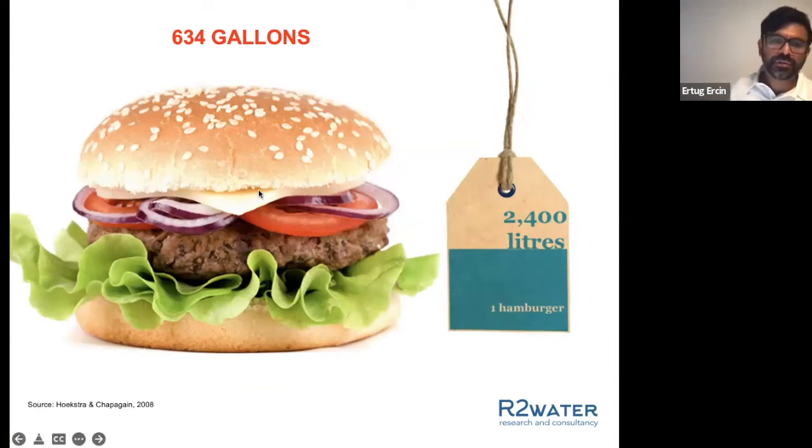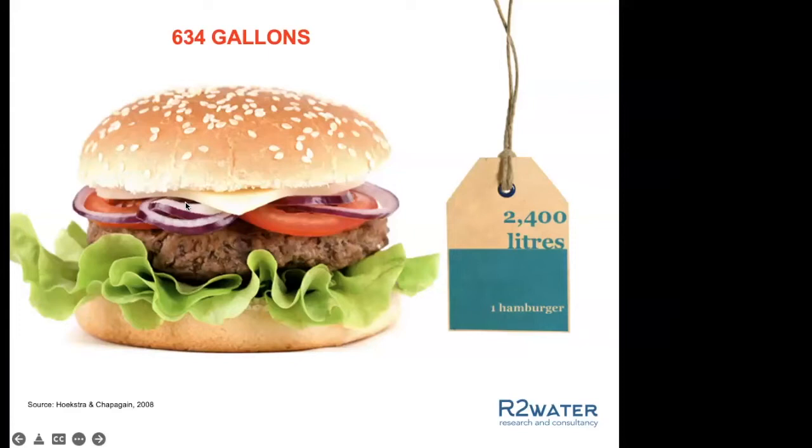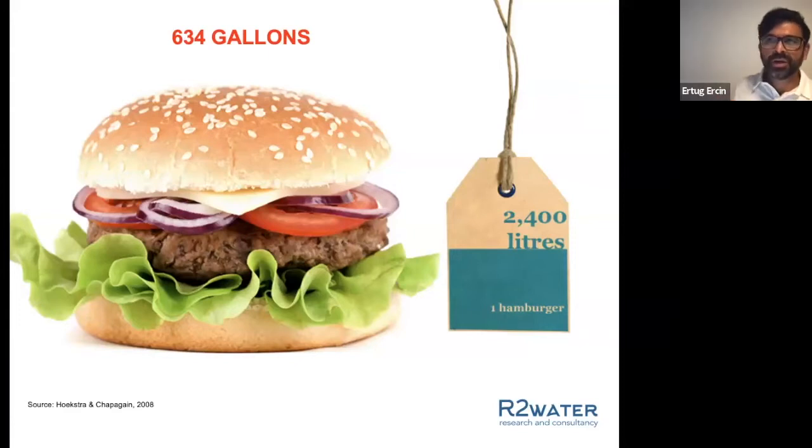Think about the supply chain: the burger, the bread, the wheat, the meat, the feed for the animal the meat is coming from, the onions, the field, the farm, and then processing factories, cooking, selling it, let's say in a McDonald's. Everything is included through the supply chain. It needs approximately 600 gallons. Why? Mostly because of the feed production. Of course, today the big meat and dairy industry has a high carbon footprint, but also their water footprint is very high.